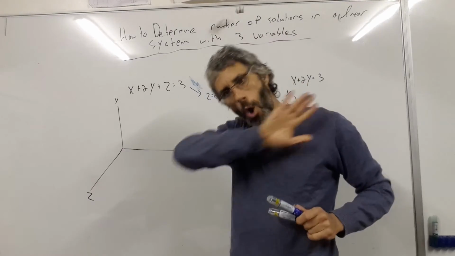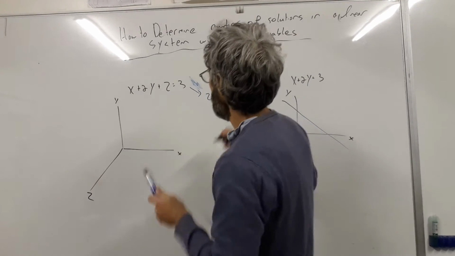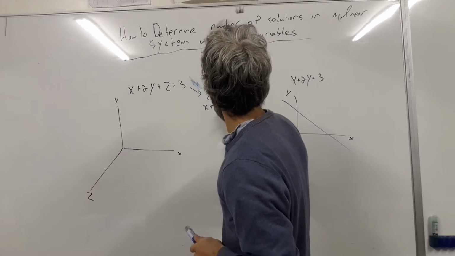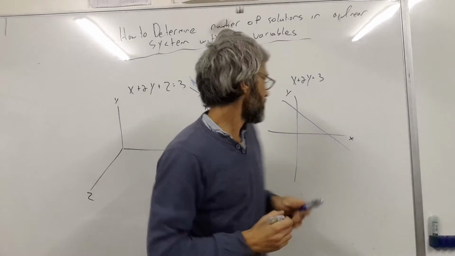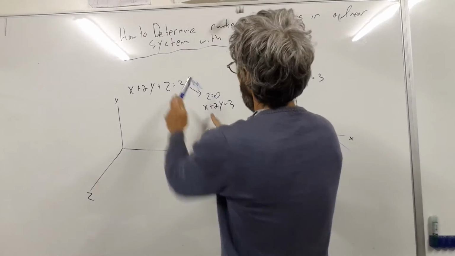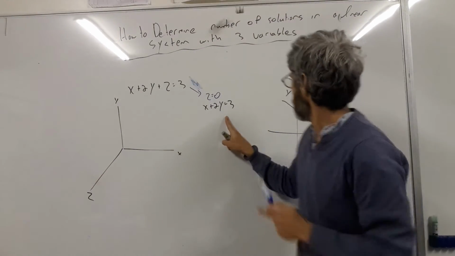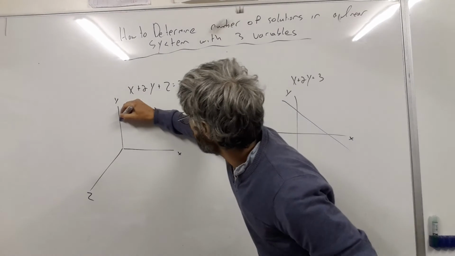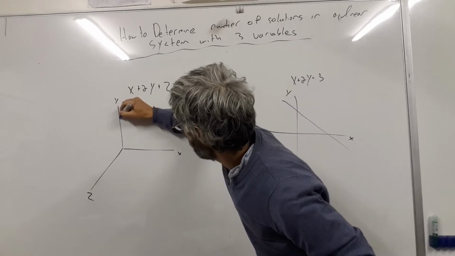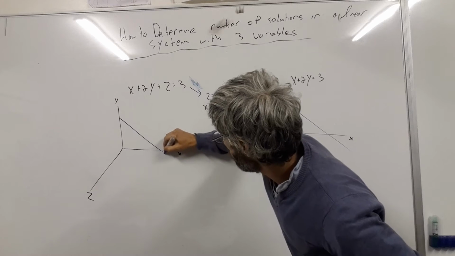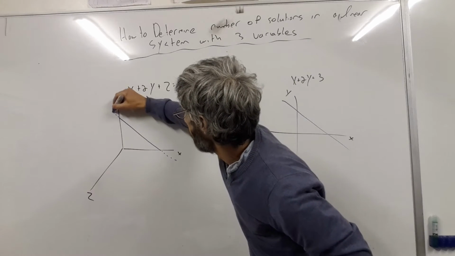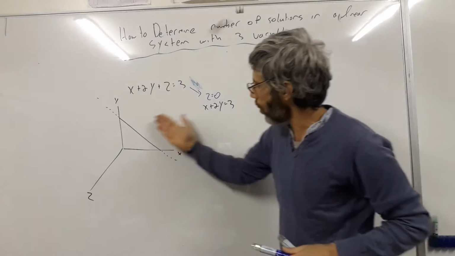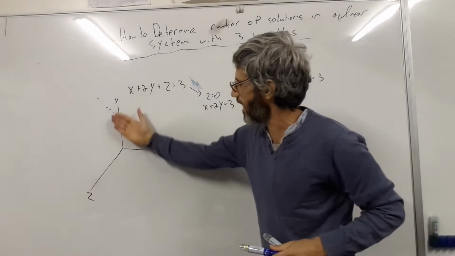We'll make sure we're only working with z equal to 0. So in this case, we write x plus 2y equal 3, because z is 0. We know it's a straight line on the xy plane. So I'm going to draw a straight line like this. I'm going to put little dots here to show that it carries on. It doesn't stop. We're looking just at the xy plane.